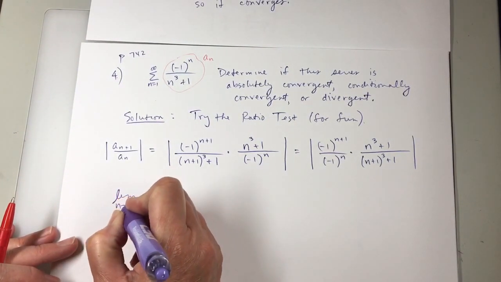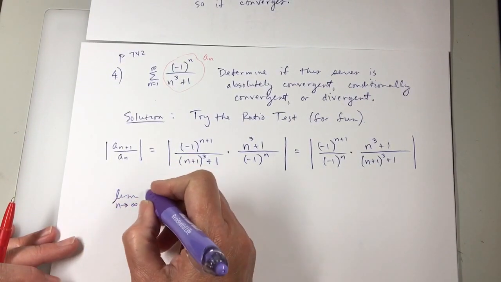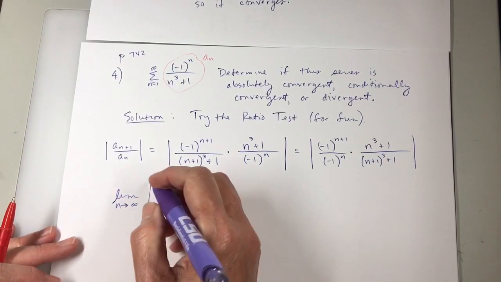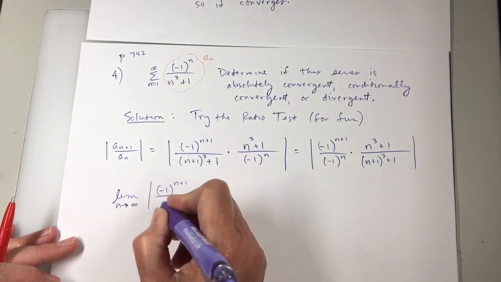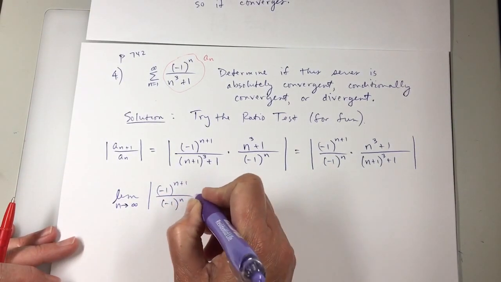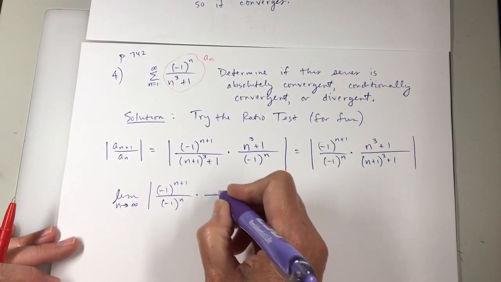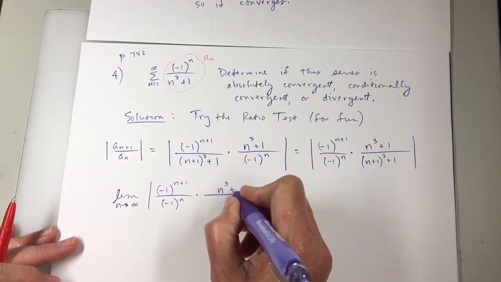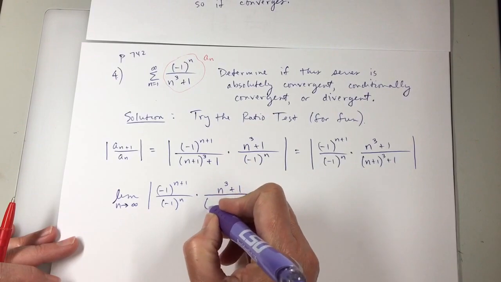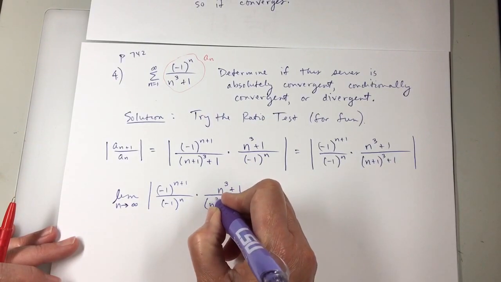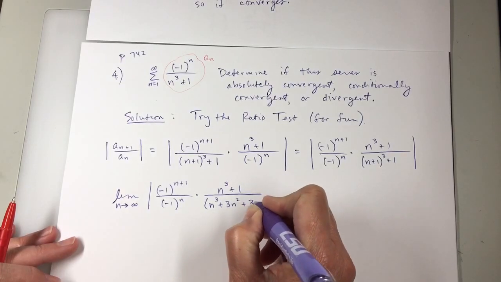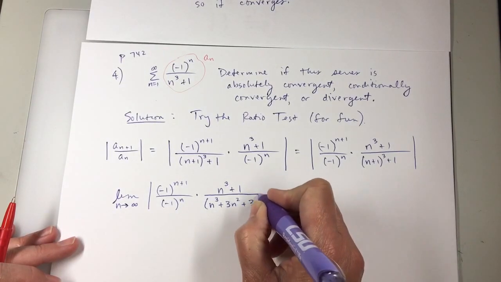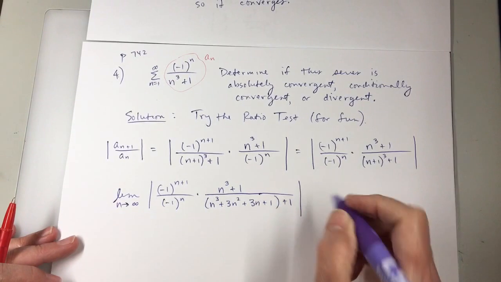Here, let's do the limit. The limit as n approaches infinity of the absolute value of (-1)^(n+1) over (-1)^n times n cubed plus 1. Let's see, I think I will multiply it out: n cubed plus 3n squared plus 3n plus 1 plus 1.